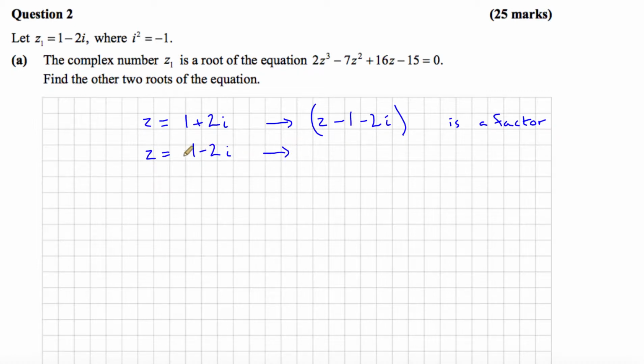Similarly, with 1 minus 2i, if we bring the 1 over, it becomes minus 1. And if we bring the minus 2i over, it becomes plus 2i. So that's another factor.